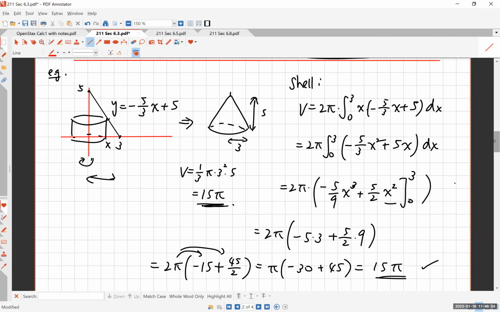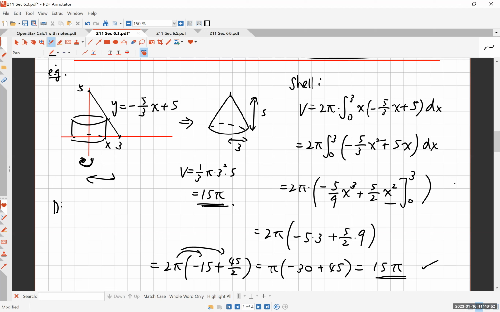By the way, if you decide to do this using the disk method, what would you have to do? Because you're rotating this object about the y-axis, you would have to use the integral with respect to y.